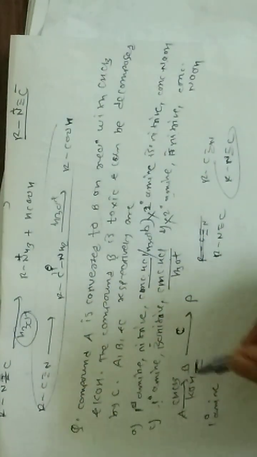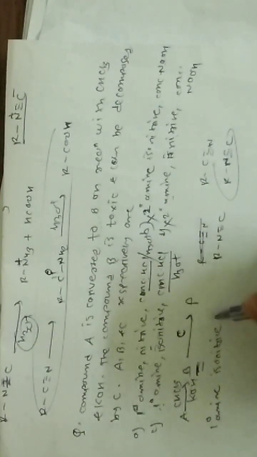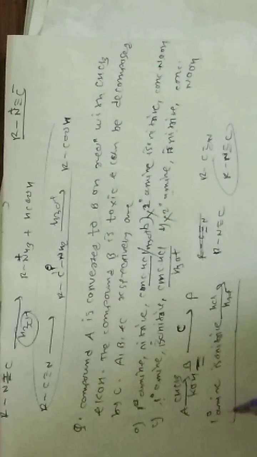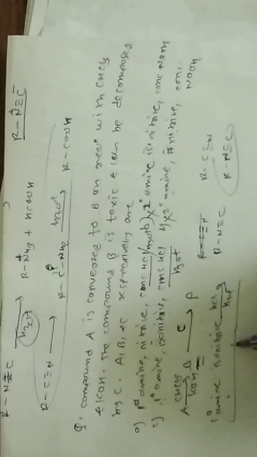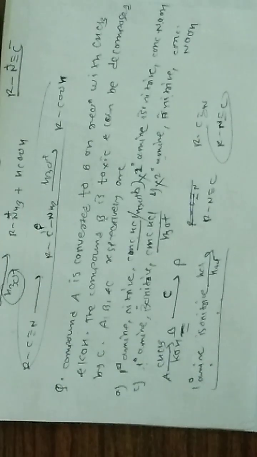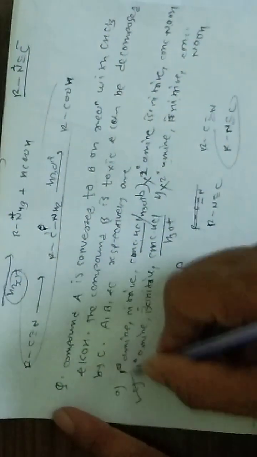So isonitrile is our B, and hydrolysis means acidic hydrolysis. So our answer is primary amine, isonitrile and acidic hydrolysis. So our correct option is C.